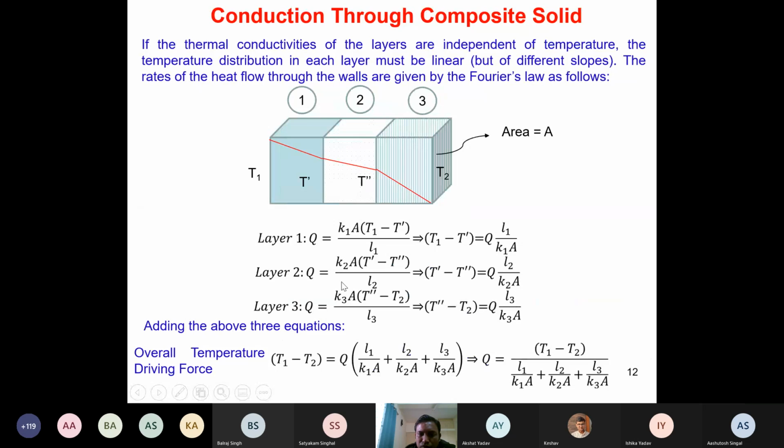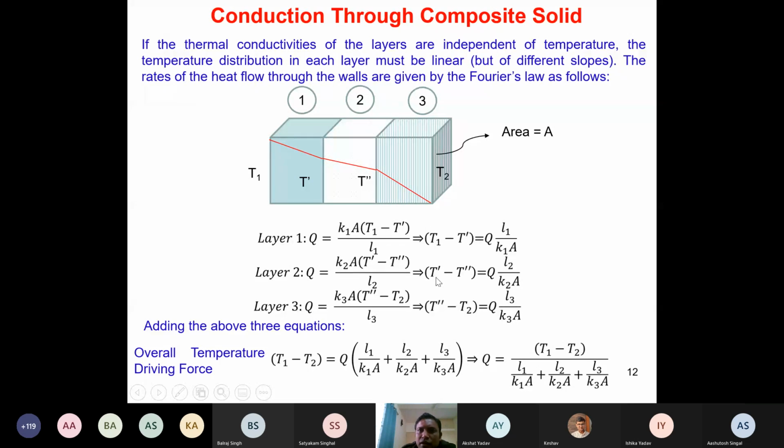Similarly, in layer 2, capital Q can be given by Fourier law of heat conduction, which is thermal conductivity into cross-sectional area into temperature difference divided by the thickness of the layer, isn't it? Here the temperature difference is T dash minus T double dash, divided by the thickness of layer 2, which is L2. Again we can rearrange this equation.